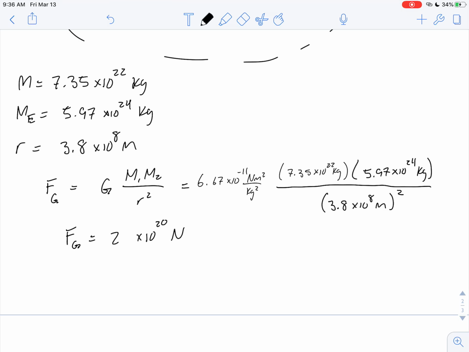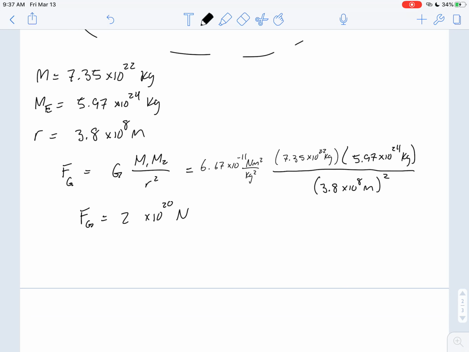So a really large force, that's 20 zeros after the 2, which is to be expected because these are really large objects. Okay, so we found force due to gravity.